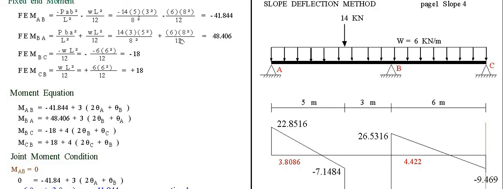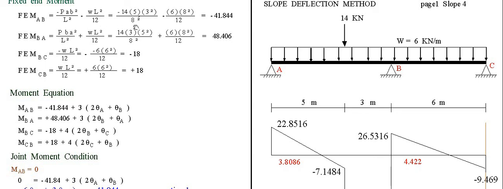We have a loading of concentrated load, minus PAB square over L square, then we have a uniform load of WL square over 12.